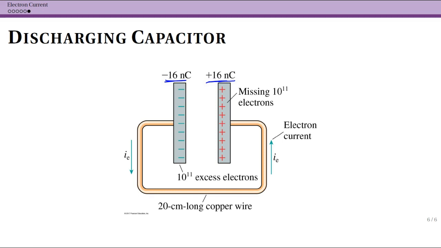So once we put the wire in place, some of these electrons are going to jump out and start marching down. So we see that there's an electron current that is allowing them to move, that's going to be equalizing these positive charges, which are actually just missing electrons. So we know that this is happening, and that is actually the process of discharging our capacitor.